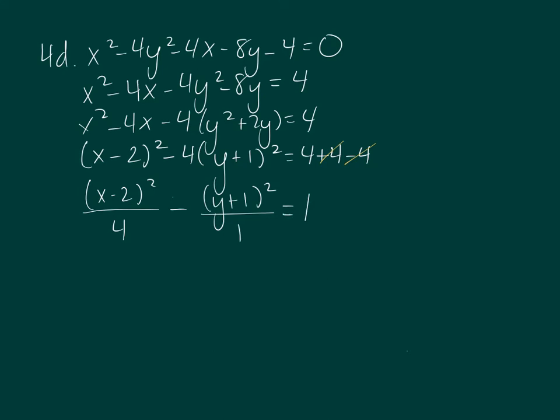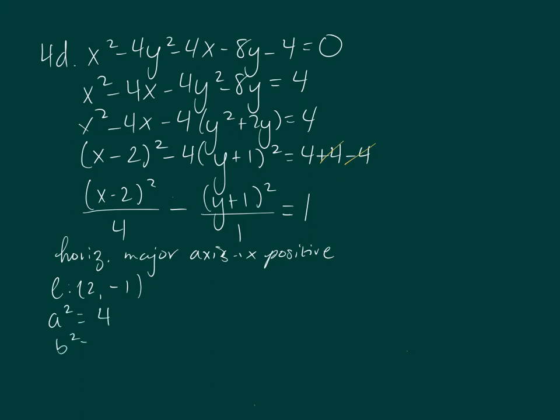Our center, well, first off, it's a horizontal major axis, right? Because x is positive. And our center is 2, -1. A squared is 4. B squared is 1. So C squared is 5.